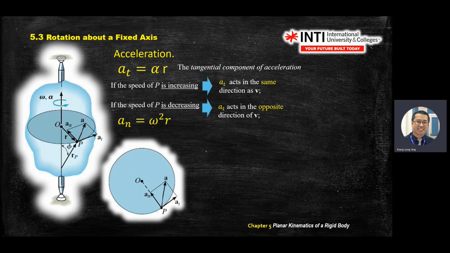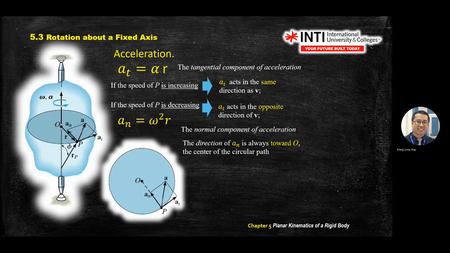So negative means at will flip to the other side. Positive and negative are very important already in rigid body. So when you slow down, your at arrow turns to the back, opposite of your tangent direction. The normal is still pointing in.